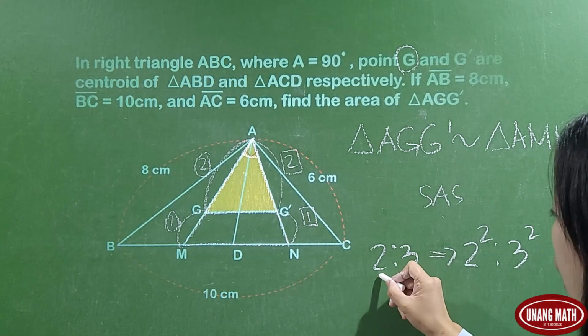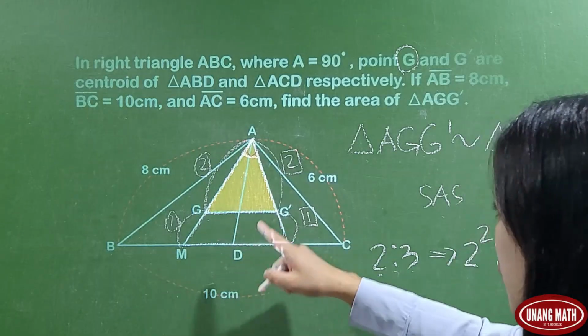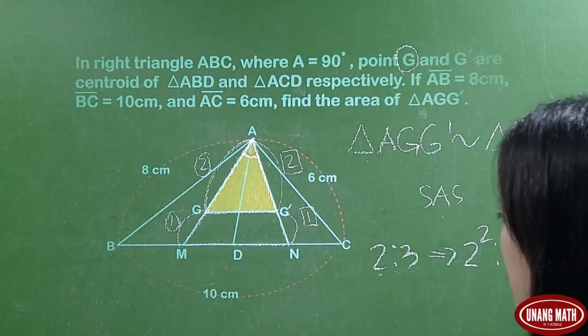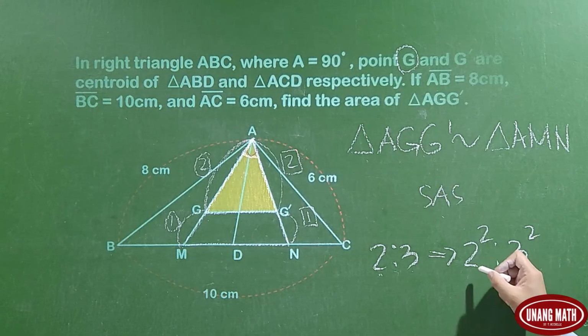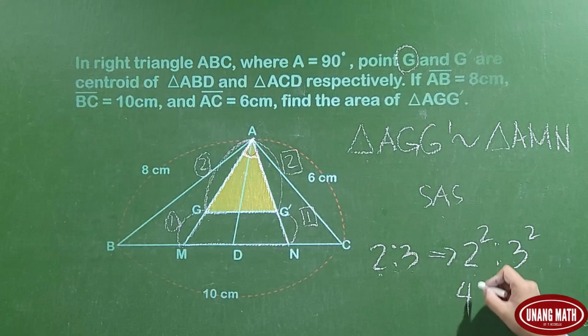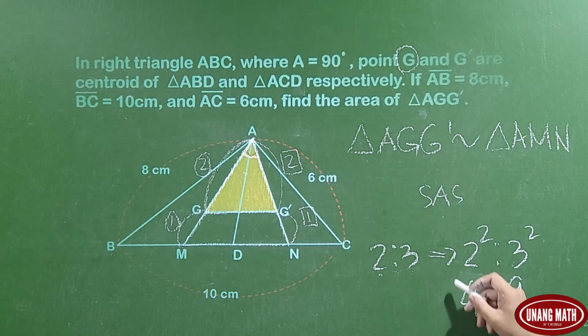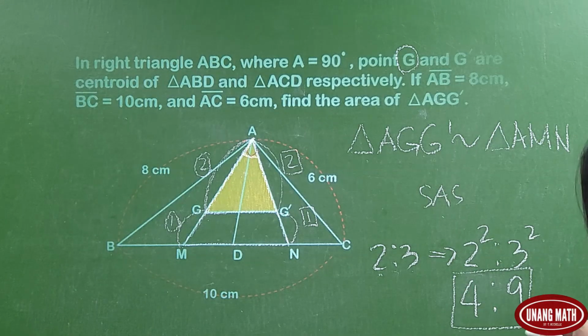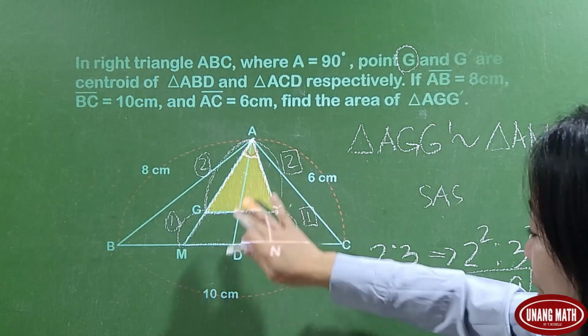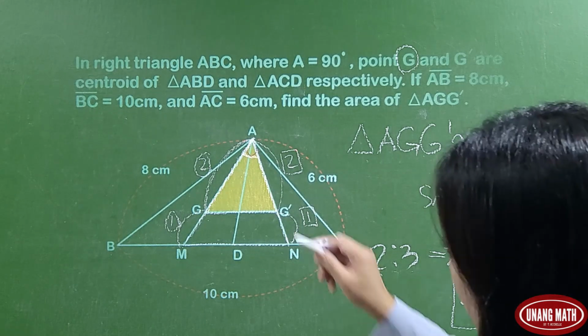So here, 2:3 is the ratio of the length for the similar figures, so for the area, it would be 2 squared is to 3 squared. 2 squared is 4 and 3 squared is 9. So we found that the ratio of the areas for these two triangles is 4:9.